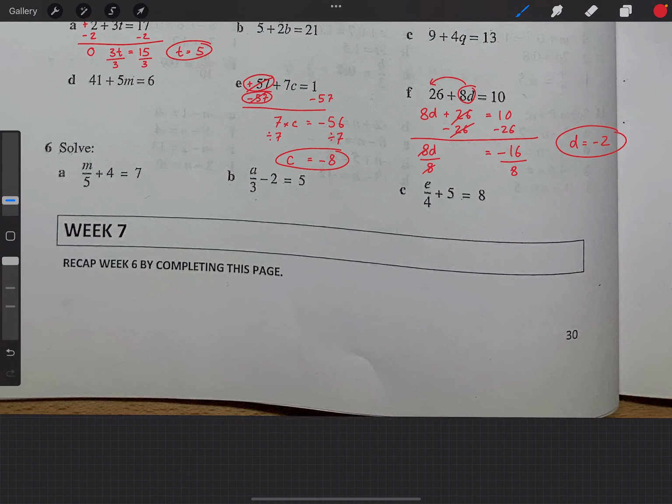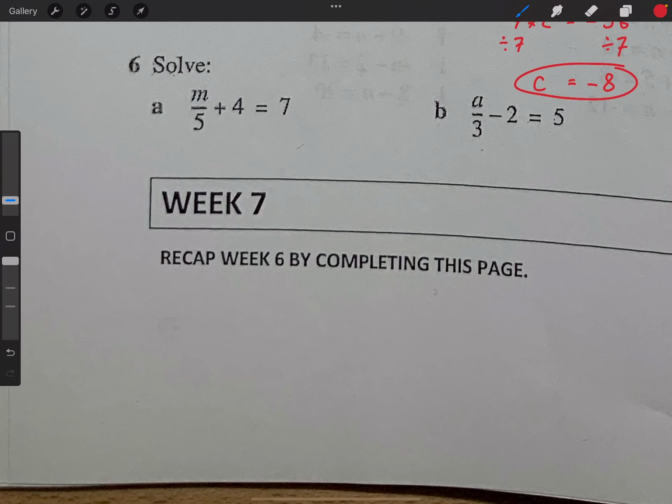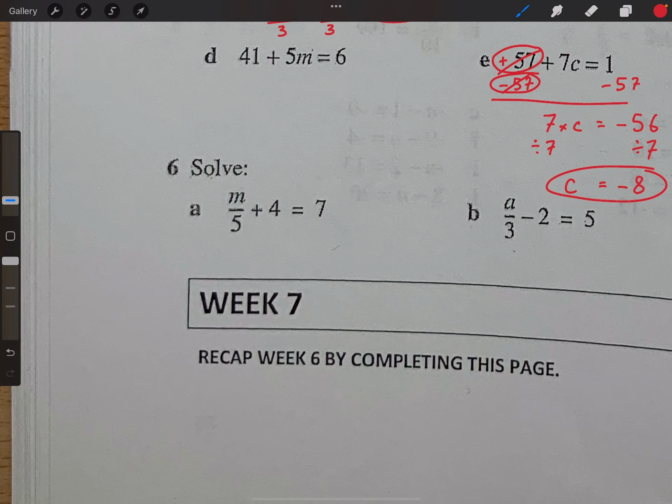Maybe I'll do one, actually I'll do question 6 here. Solve. Okay, now sometimes you have questions where, imagine you have a question that says m plus 4, divided by 5, equals 7. Now in this case, this whole thing is being divided by 5.